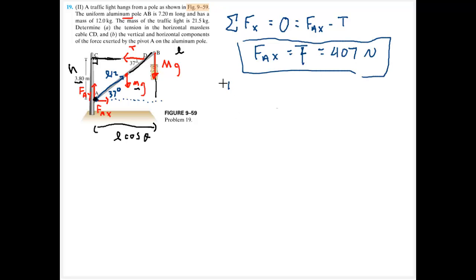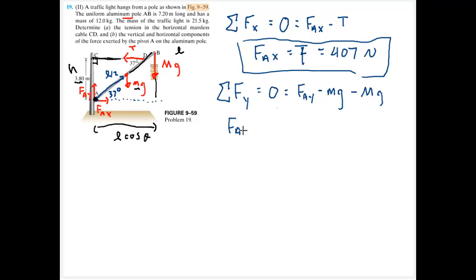Now in the y direction, I do the same thing. The sum of the forces in the y direction must be equal to 0. This guy is in equilibrium, and I'm going to have the force A in the y direction, and that's up, or so I called it, so I'm going to say that's positive. And then in the downwards direction I have the little mass multiplied by gravity and the big mass multiplied by gravity.